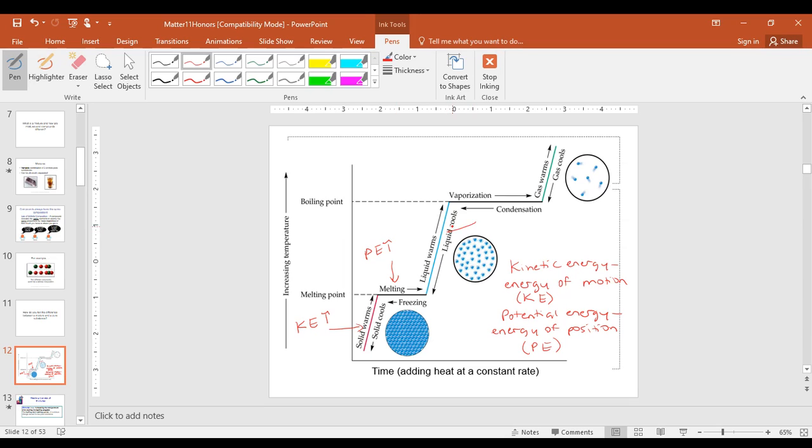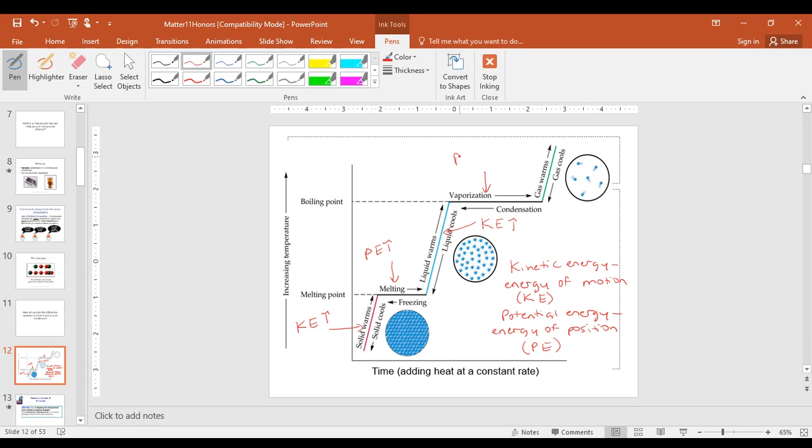Here, now that we have a liquid, as the liquid heats up, once again, our kinetic energy or energy of motion is increasing. As our liquid turns into a gas or vaporizes, the particles are not moving any faster, but they're spreading apart to go from a liquid where the particles are fairly close together to a gas where they're very far apart.